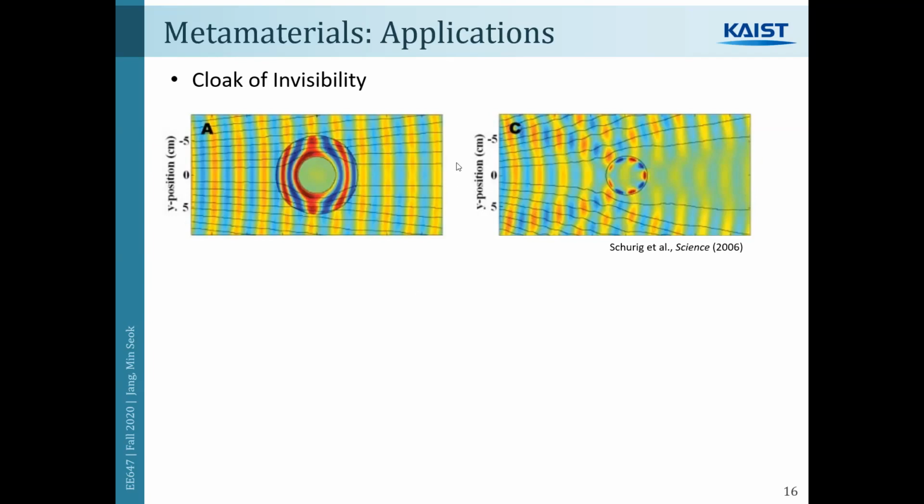Okay, so even though the observer observes this light, you cannot realize that there was a cylinder here, right? So this is transparent in a sense. This is the concept of a cloak of invisibility, and this concept was proposed by Sir John Pendry in 2004 or 2005 or something.